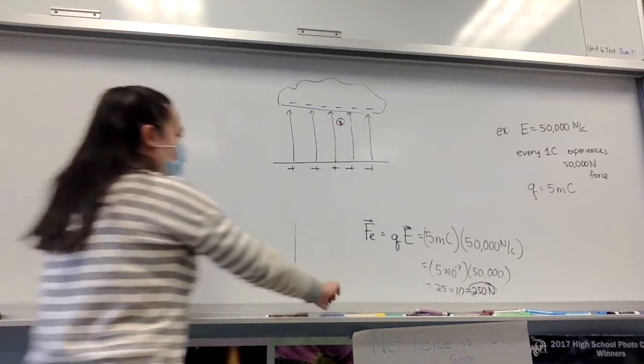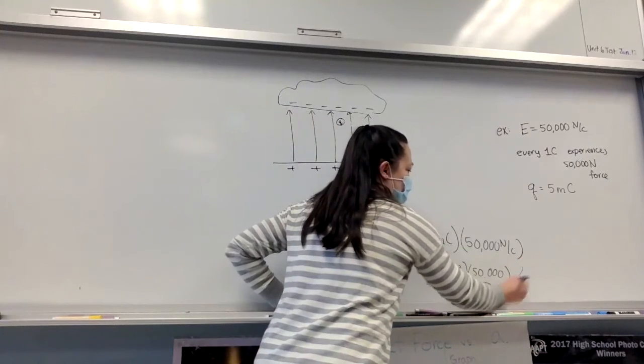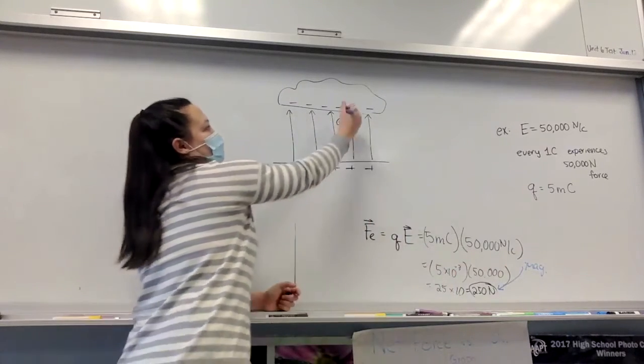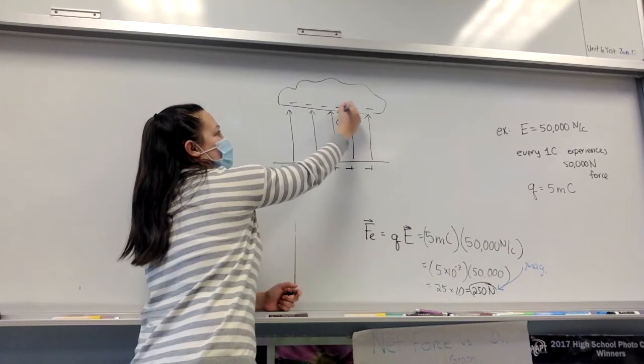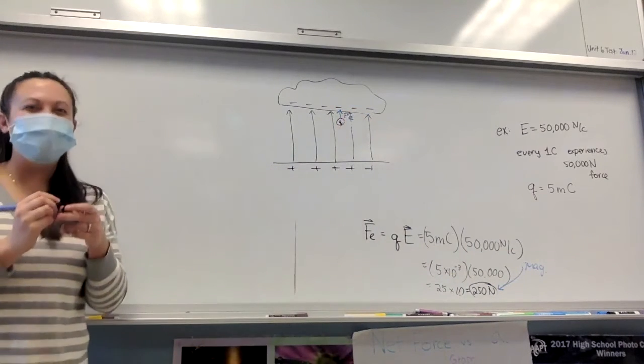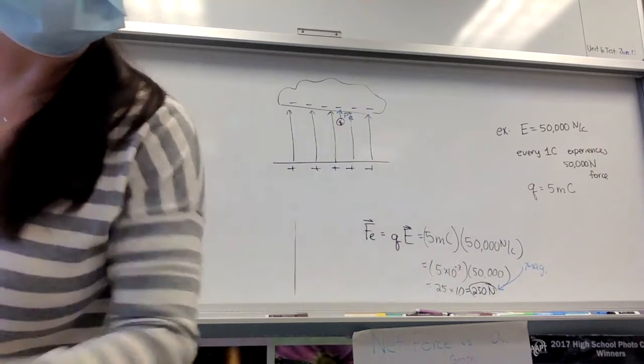So you would use this equation to figure out the magnitude of the number. And then the direction is going to be, well, positives are attracted to negatives. So the direction of that force is up. That is it. That is how to use that equation.